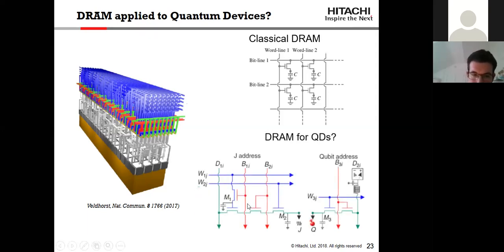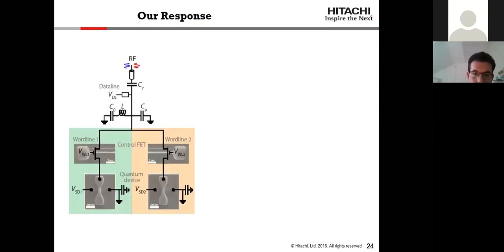So in that particular paper, they propose adapting classical DRAM approaches to read and control multiple quantum dots with gate-based sensing, as we've shown before. So our response to that theoretical proposal was to demonstrate the proof of principle of that approach and try to see if we can read more than one qubit with a single resonator.